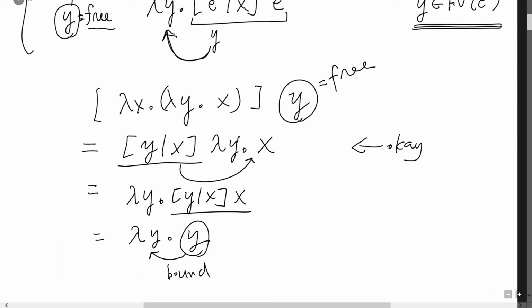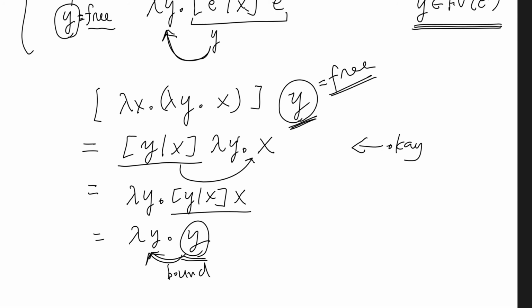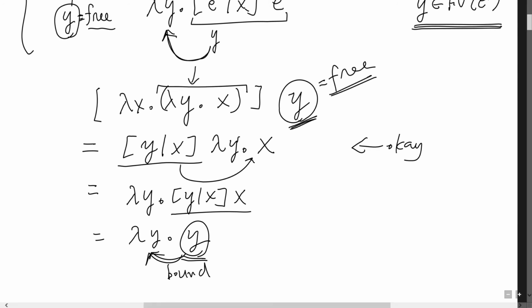But in this example, this variable y is free, but after substitution, it becomes bound, which doesn't make sense. Why is it that this conversion doesn't make sense? The reason is, if we think about this inner lambda abstraction, it simply ignores the argument y. It just takes the previous variable x. Y is just ignored because it never appears here.